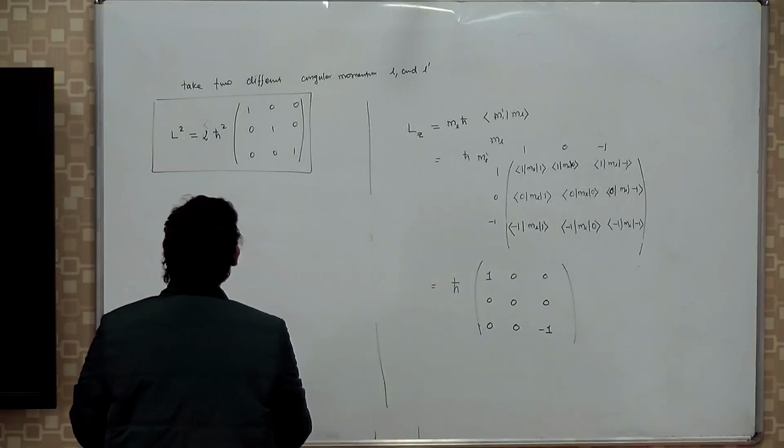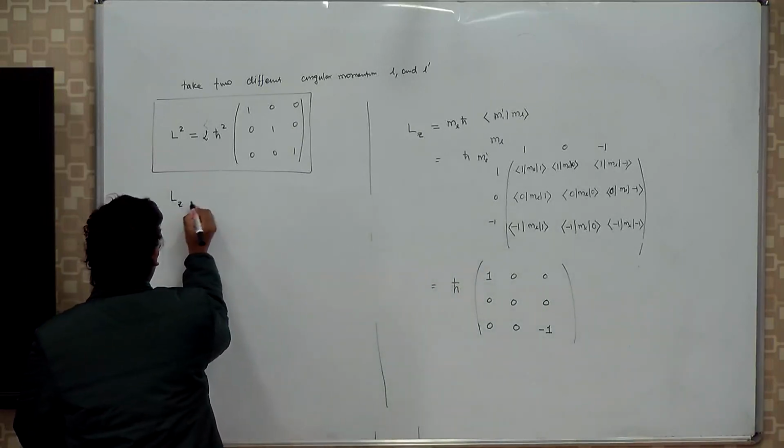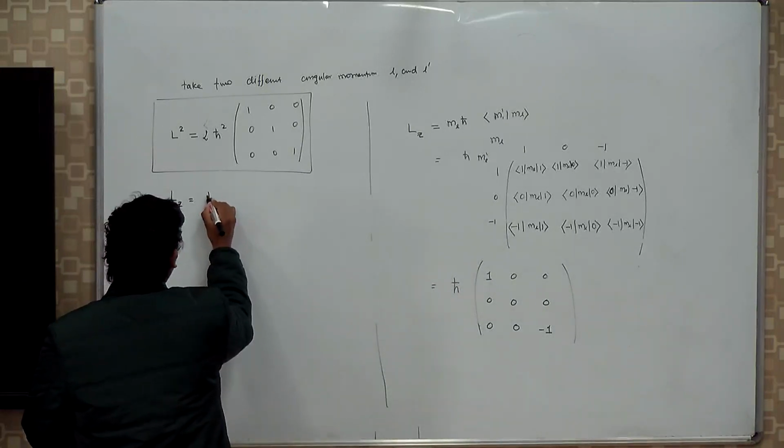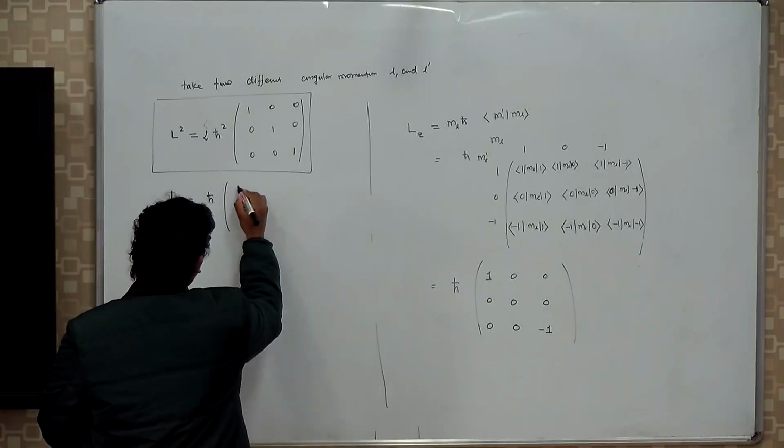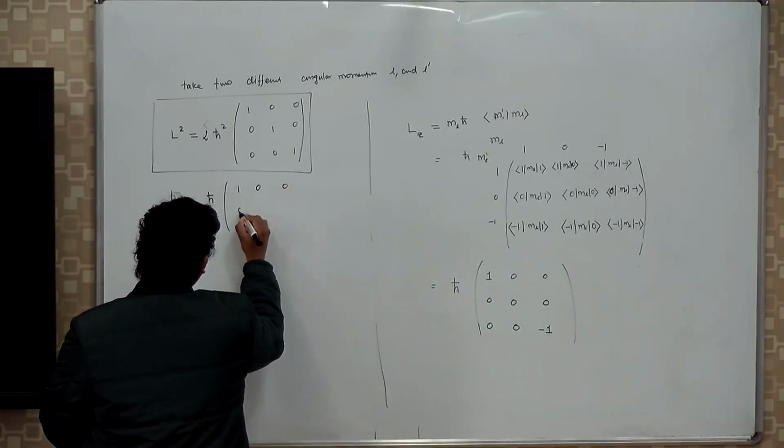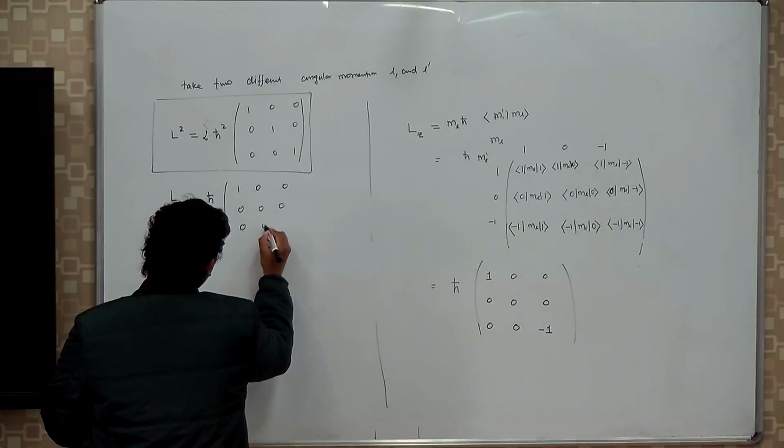So the value of Lz is nothing but ħ times the matrix 1 0 0, 0 0 0, 0 0 minus 1.